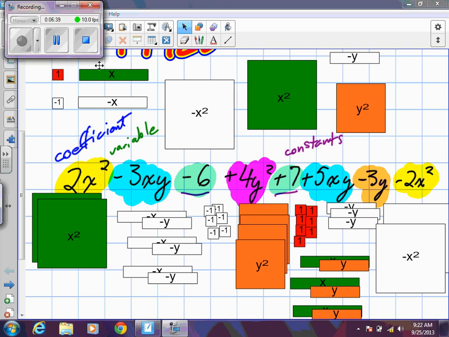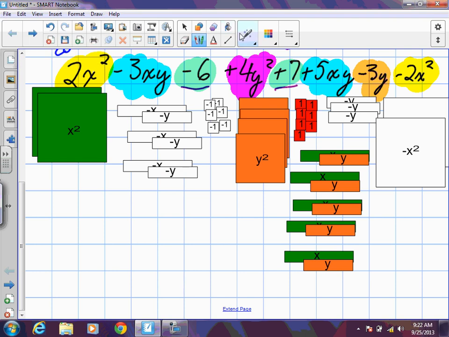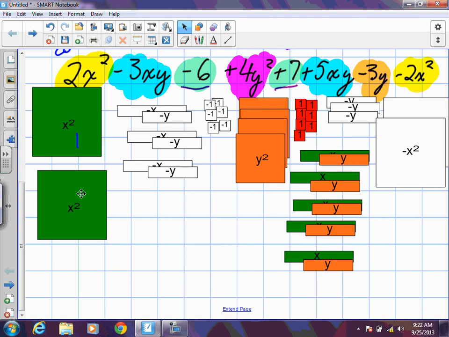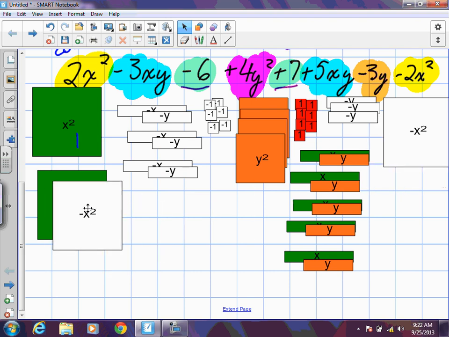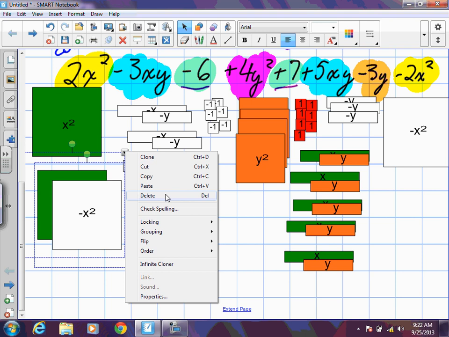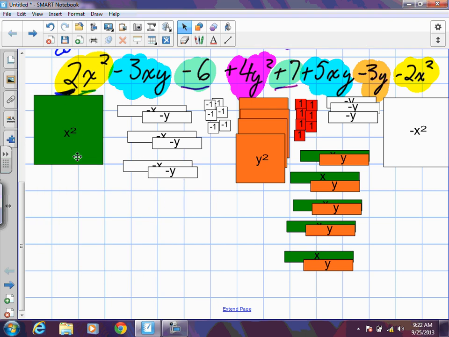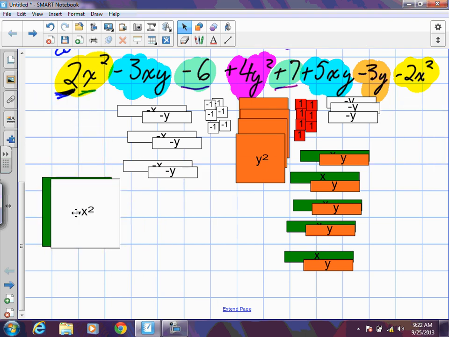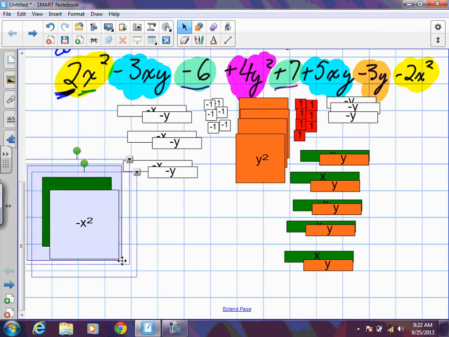Okay, so I want you to think of this idea. A positive x squared and a negative x squared will do what to each other? They'll cancel each other out, okay? So I essentially cancel them out, so I'm going to continue to bring these together. Do I have any other positive or negative x squareds?